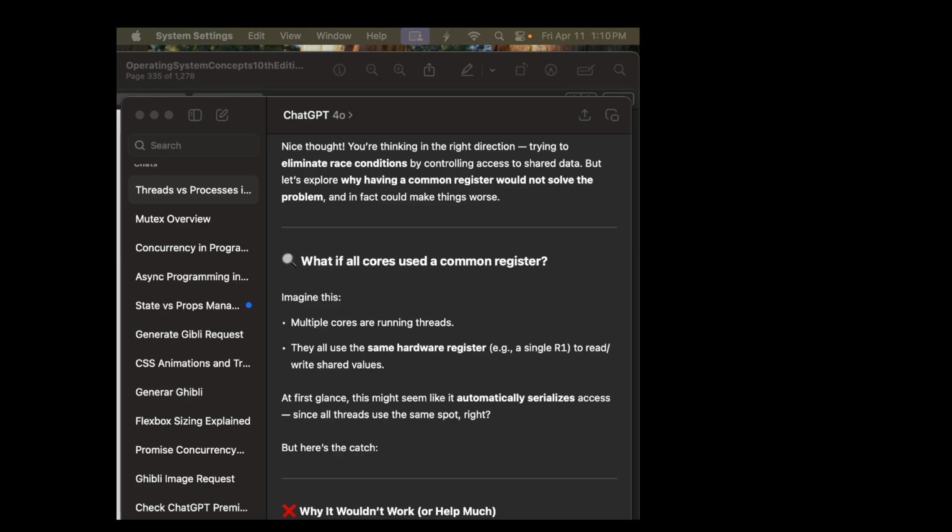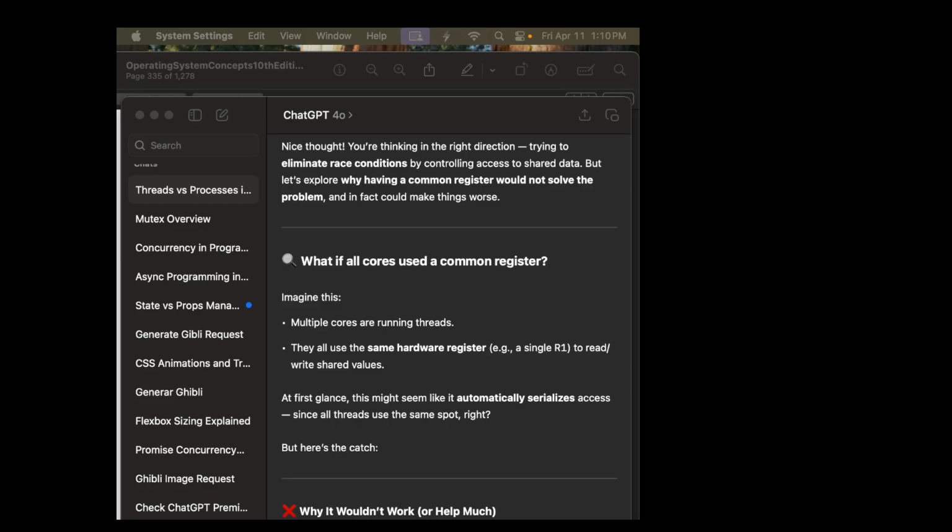These onboard registers are designed to be very fast because the CPU is very fast. So if that is going to happen, then we are going to reduce CPU speed if we share.